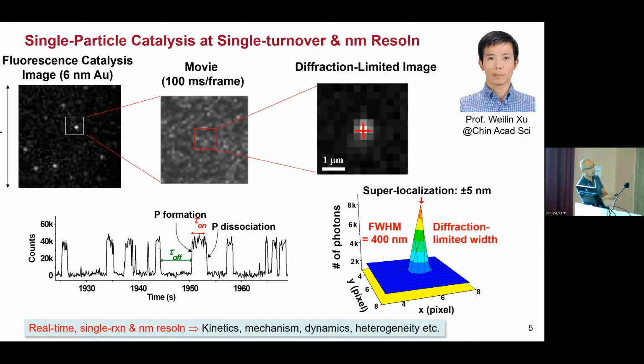So one can utilize this type of data to look at the catalytic kinetics, to learn about the mechanism, to monitor dynamic events over a period of many hours. Of course, one can evaluate heterogeneity by comparing the behaviors of one particle versus another versus another.